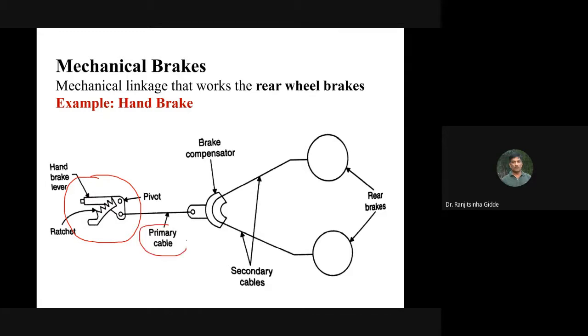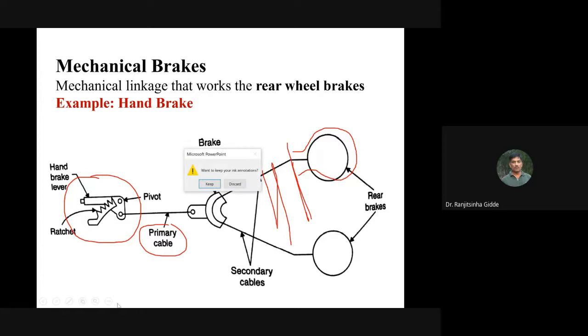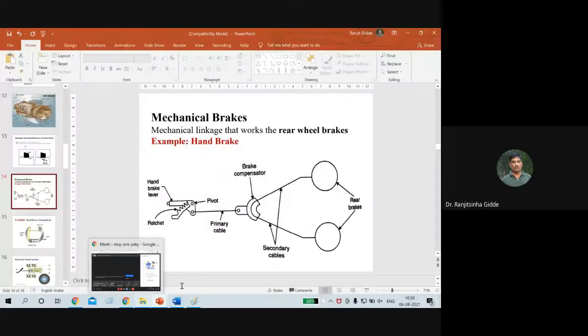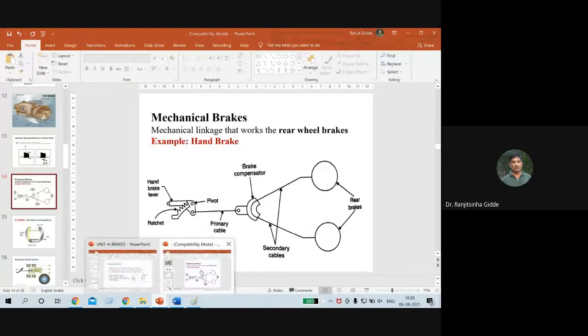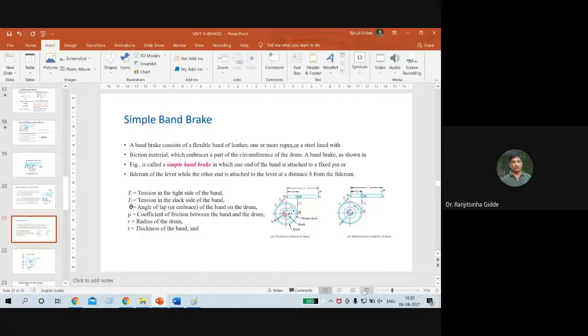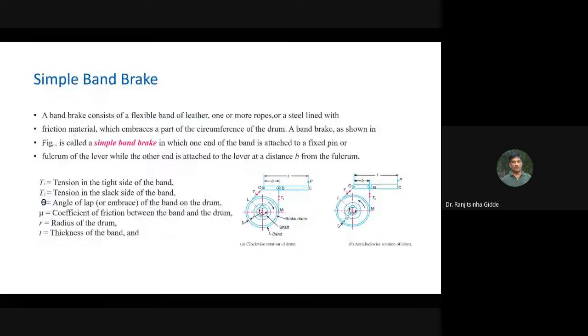This one is the cable which is required to be stretched, and these are the secondary cables. The same arrangement shown in the PPT is made for the handbrake or the parking brake.